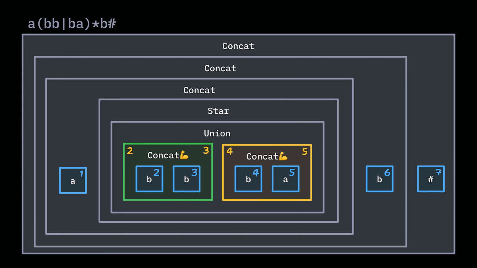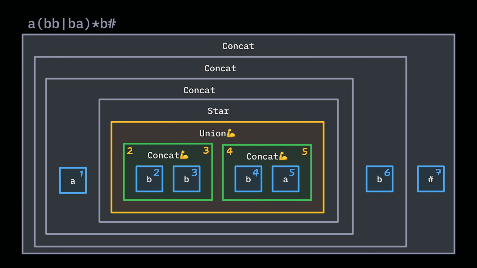The logic for the other concat is the same. As we go through, I'll mark the ones we've done in green to keep the yellow focused on the one we're looking at. Next, we'll need to tackle this union. Is it nullable? Well, the rule for this is that if either of the union's children are nullable, then it could also be nullable. Since neither of those children, the two concats, are nullable, then it's not nullable either, and so we can give it the strong arm as well.